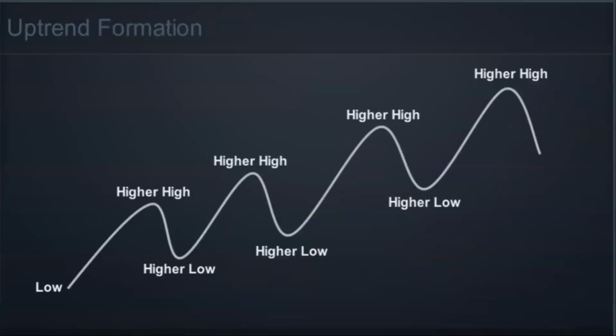All right, so this is A, B, C, D. A, B, C, D. A, B, C, D. It's a continuous thing. Now, what the trend line does is, if you are drawing a down trend line, you are connecting the higher lows.